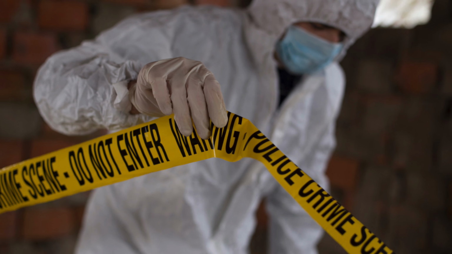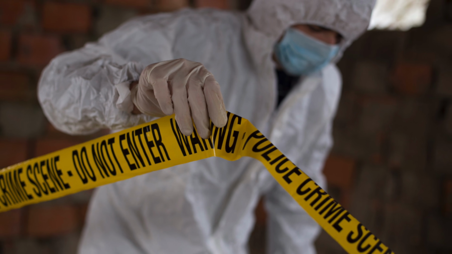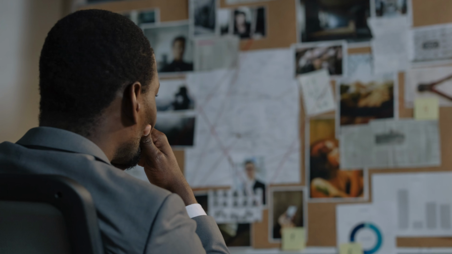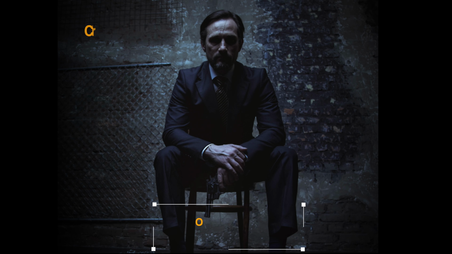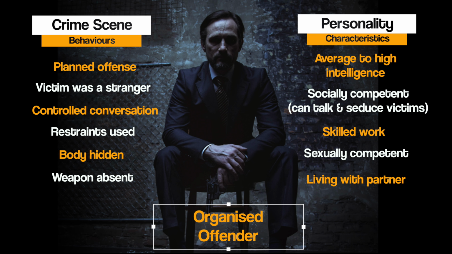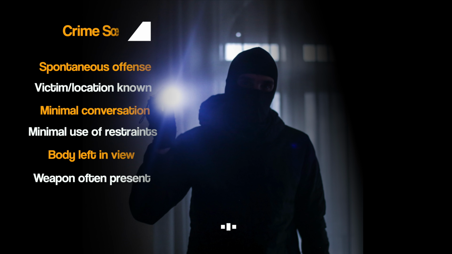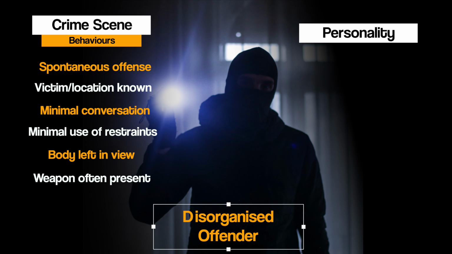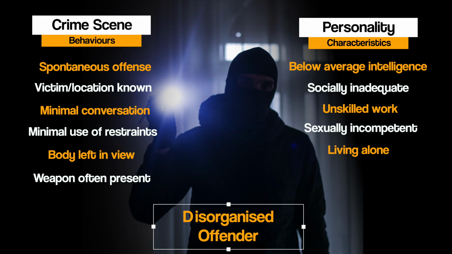So what does this crime scene look like for an organised and disorganised offender, and what are the characteristics of these people? Here is a list of some of the crime scene behaviours of an organised offender. And here is a list of the personality characteristics. And here is a list of some of the crime scene behaviours of a disorganised offender. And here is a list of their personality characteristics.